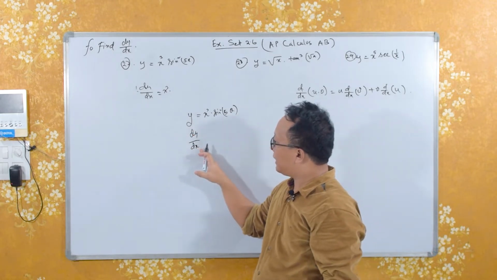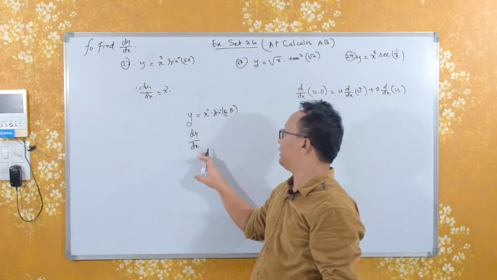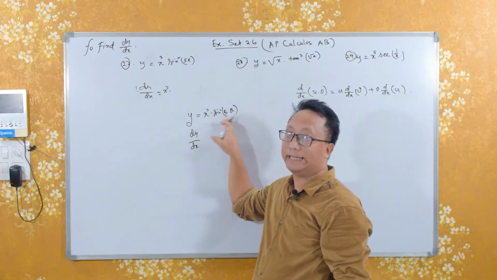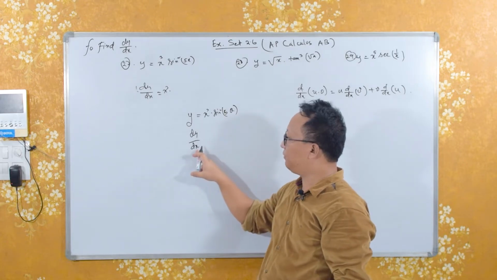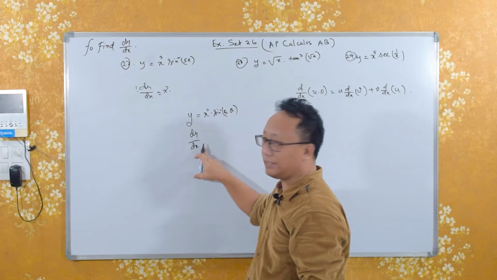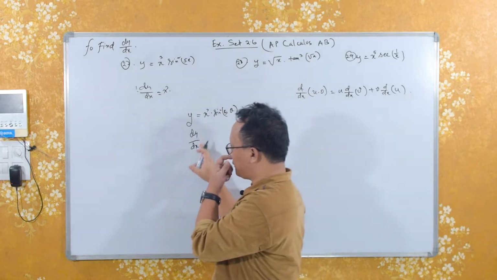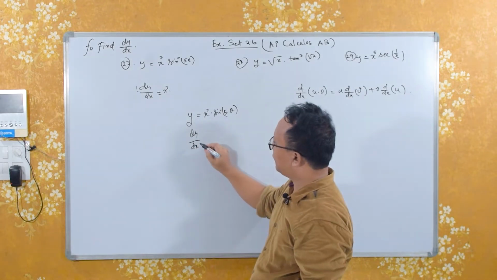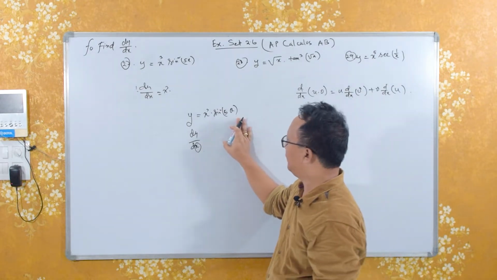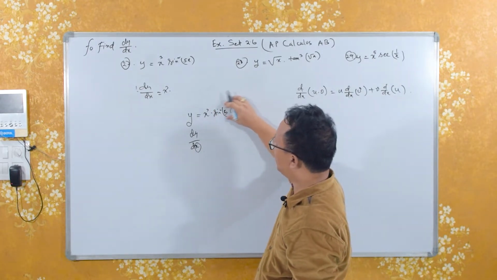Aside from x, you have to consider everything as a constant. It means this 5 theta will be treated as a constant.